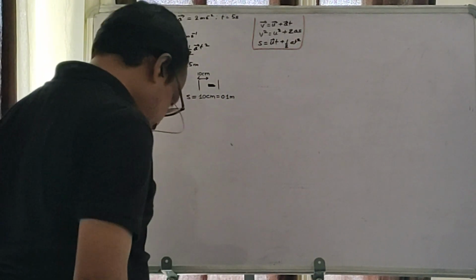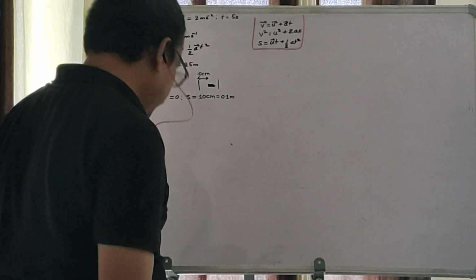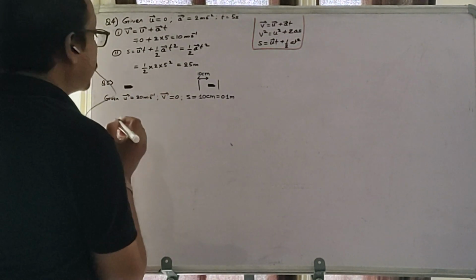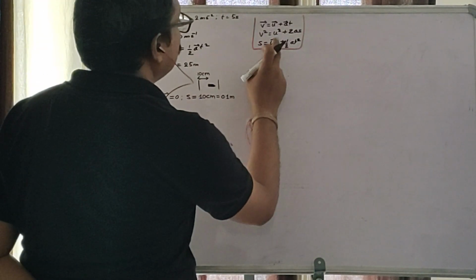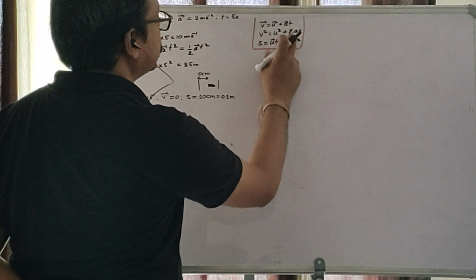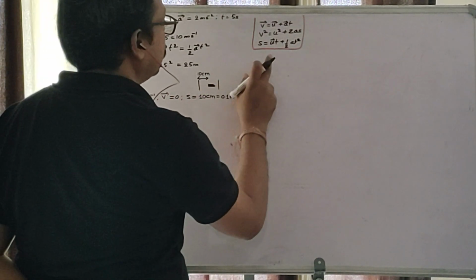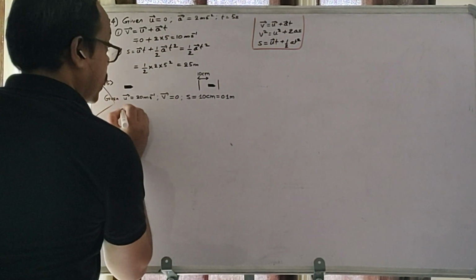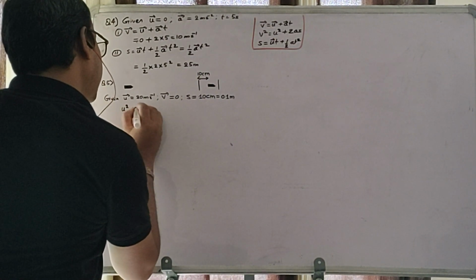What is being asked? Calculate the retardation caused by the target. Okay, fine. We have to find out the retardation. So what do we have? u, v, s. We can calculate a from here. So we can say that v square equals u square plus 2as.